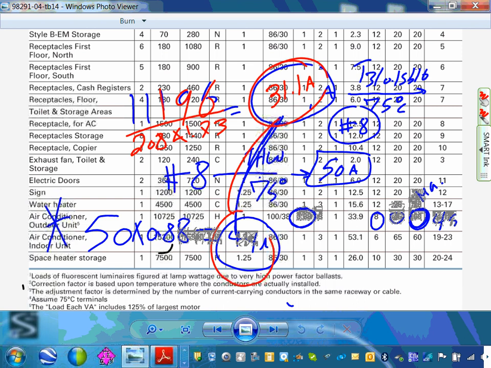The load VA includes 125%, so the VA is already including the 1.25. The VA though, that one, right? This number already included 125%.